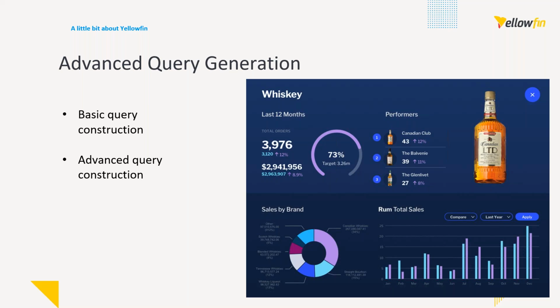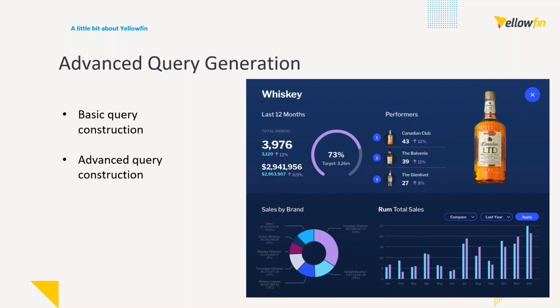Yellowfin simplifies the process with a drag and drop interface, enabling end users to select fields they want to include in their reports. The application then translates these selections into SQL statements automatically, sending them to the data source for execution. Yellowfin offers a range of functionalities from building simple tabular reports to complex calculations, all achievable through its intuitive drag and drop interface.